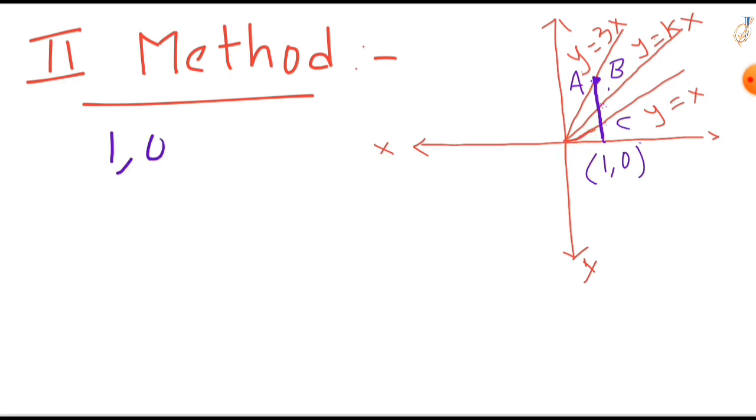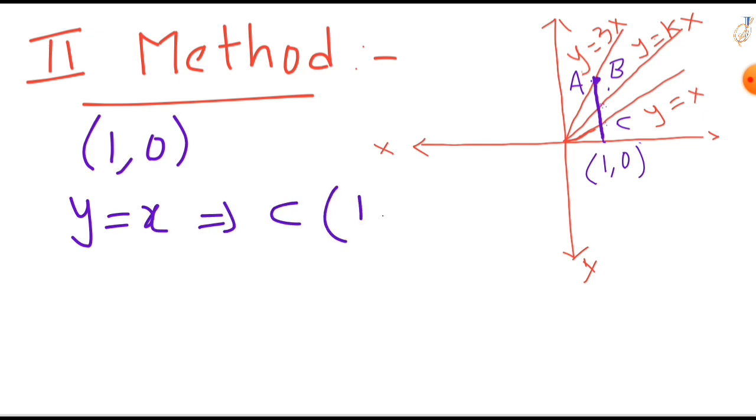The line point is 1, 0. That is, it is on the x-axis at point 1, where y equal to 0. If this point is 1, 0, that means the line y equal to x intersects at the point 1, 1, because our x value is 1.